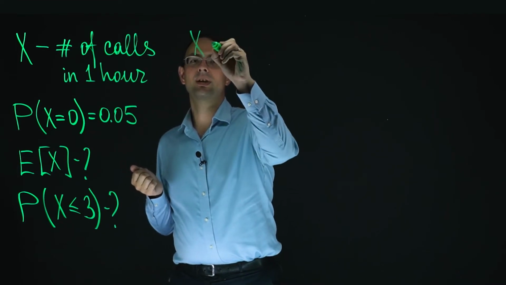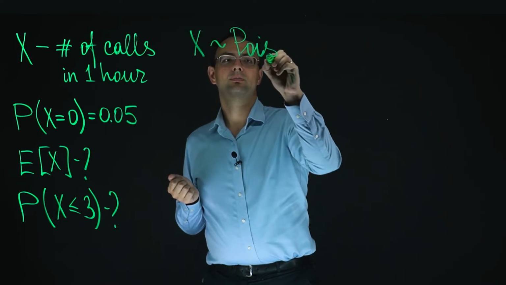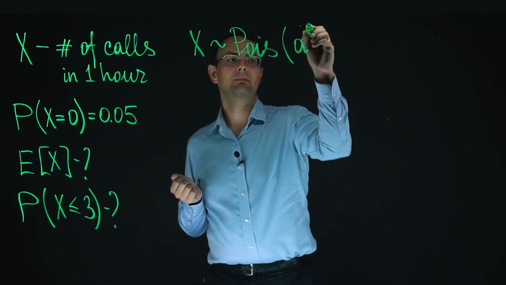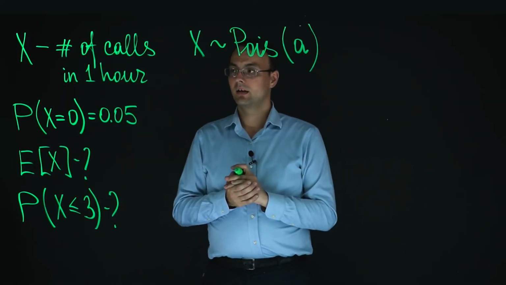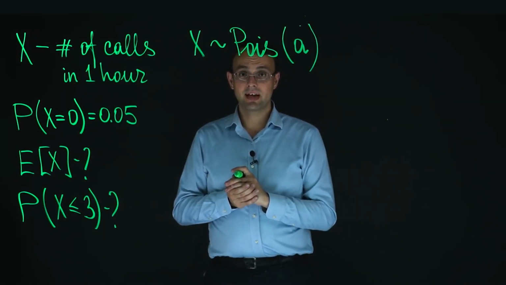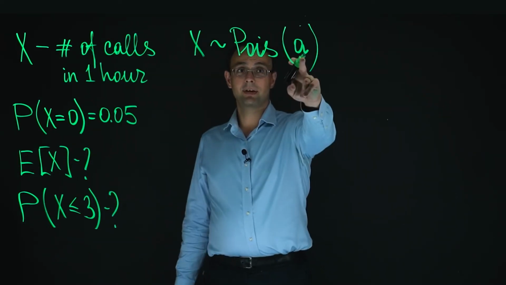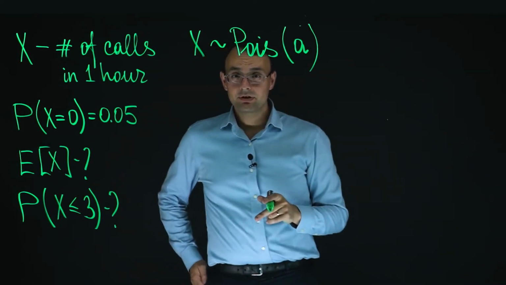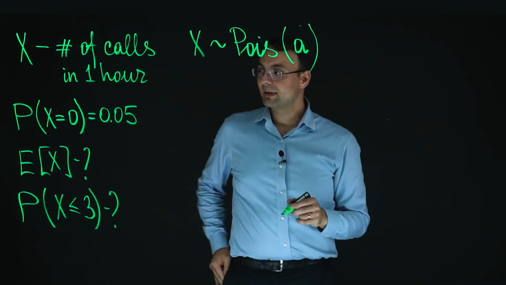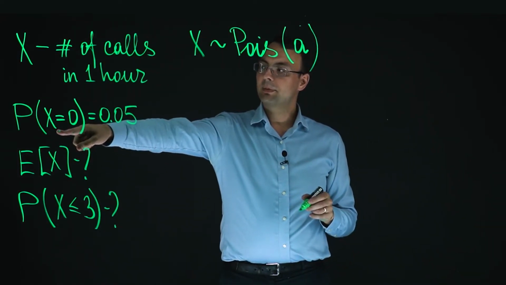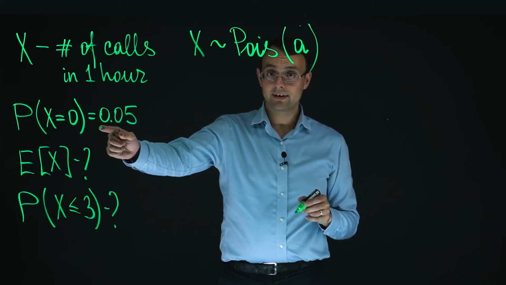Let's assume that x follows Poisson distribution, and the parameter is yet unknown. So the first step before we can answer these questions is to find the parameter. To find the parameter, we are to know the formula for the probability. So we are given that probability that x is equal to 0 is 0.05.